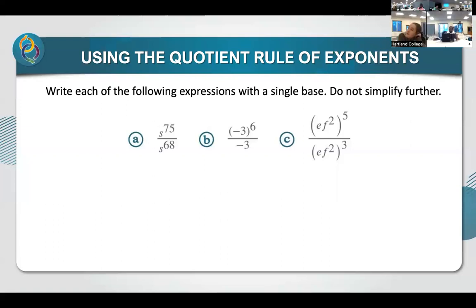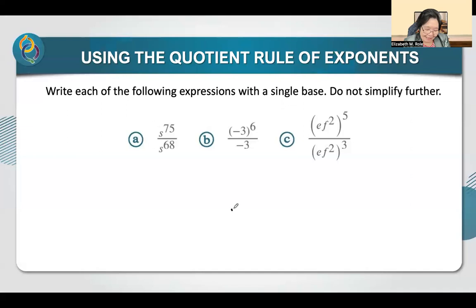EF, 2 times. It would be EF squared raised to the 4. Don't simplify further.